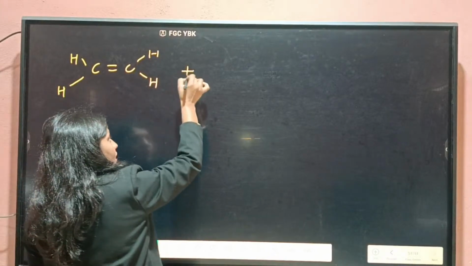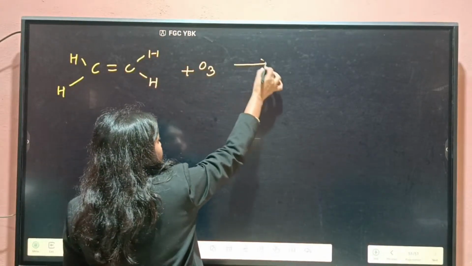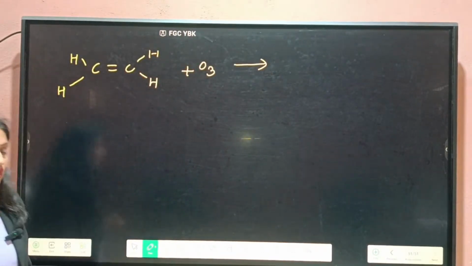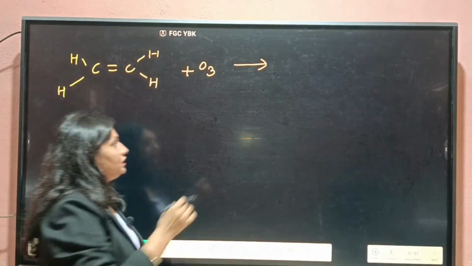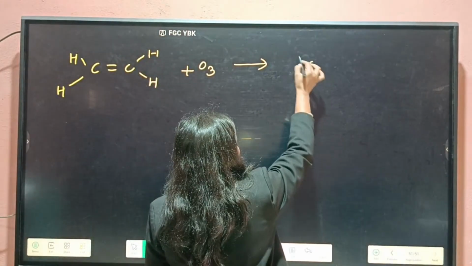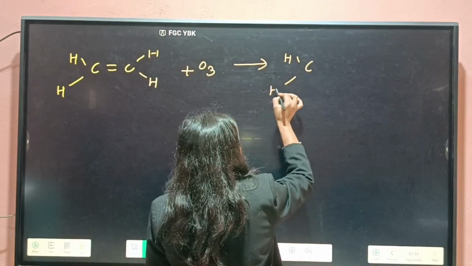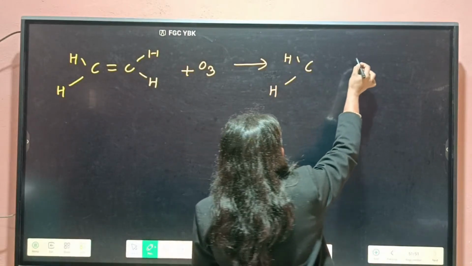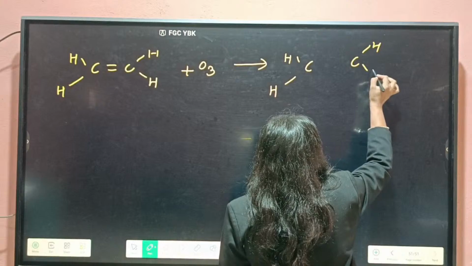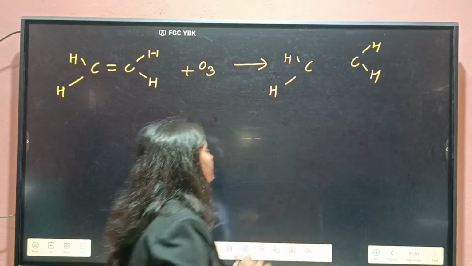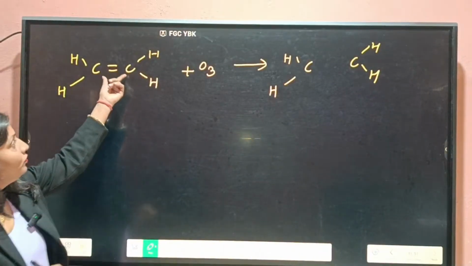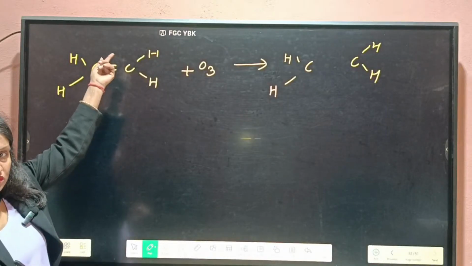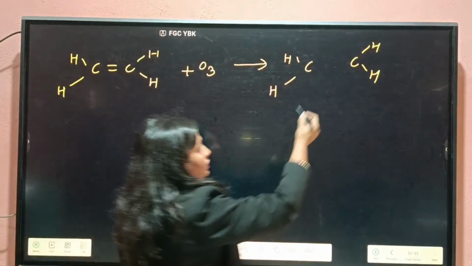Alkene, in first step it reacts with ozone. Ozonolysis takes place here. Then students, carbon forms how many bonds? 4 bonds already there. But here this bond breaks.